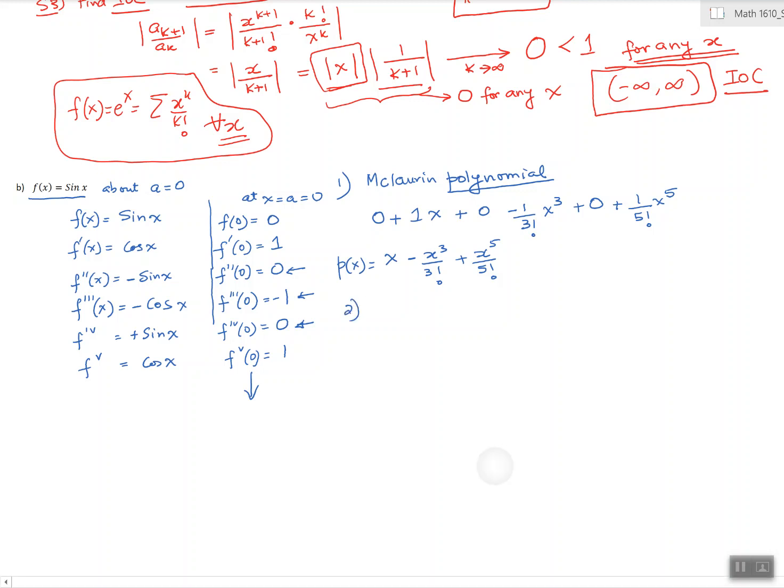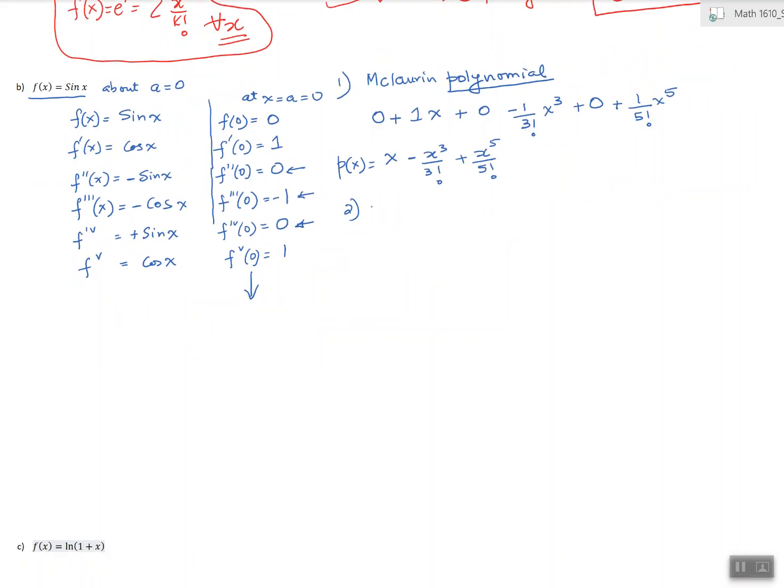The second step is, now we are ready to write it as a series. So now I could say the function, which is sine x, is equal to x minus x cube over 3 factorial plus x to the 5 over 5 factorial, and you can extend it, minus x to the 7 over 7 factorial, and so on.